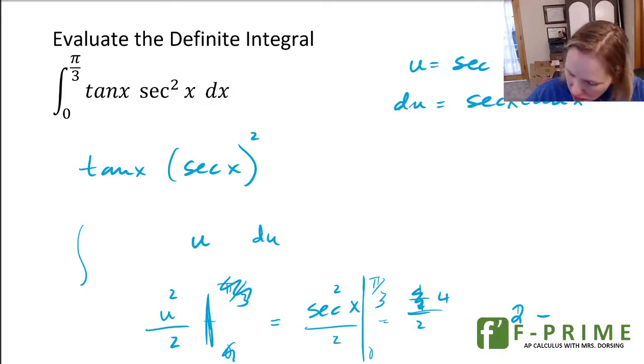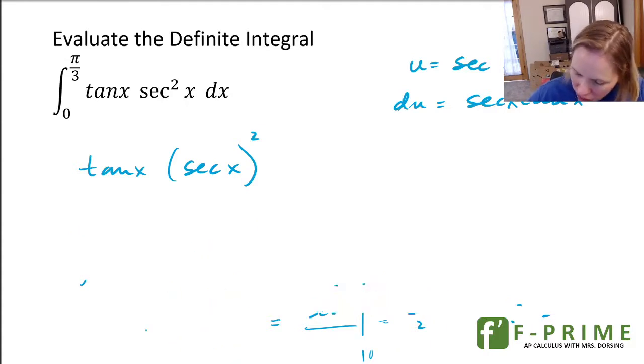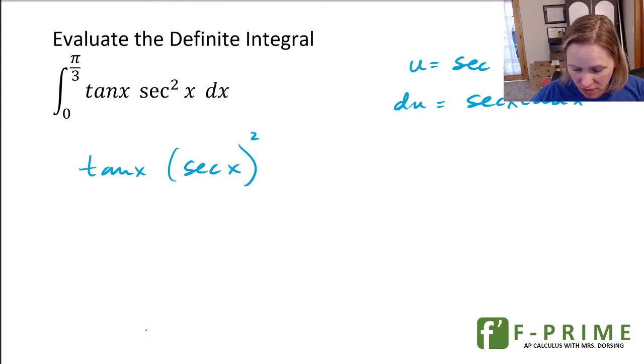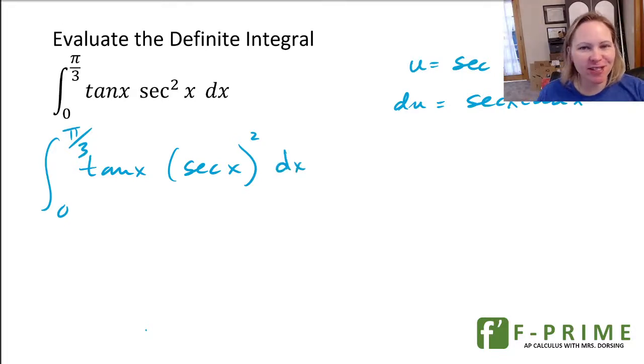And actually, let's erase a little bit of this. There's more than one approach to this problem. But if we let u be secant of x, then du is secant tangent of x dx. And we end up with this situation. This is interesting because there's two ways to solve this and they're both right.